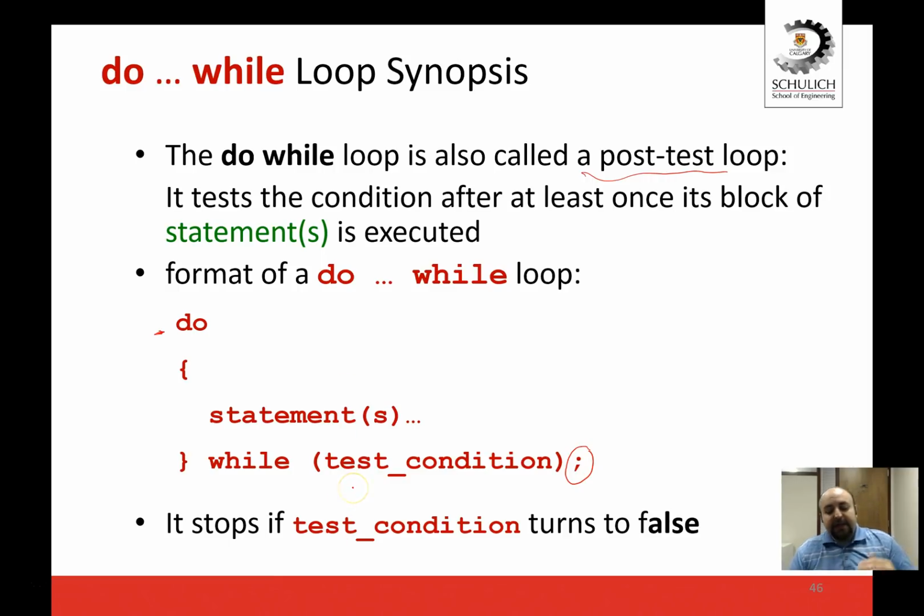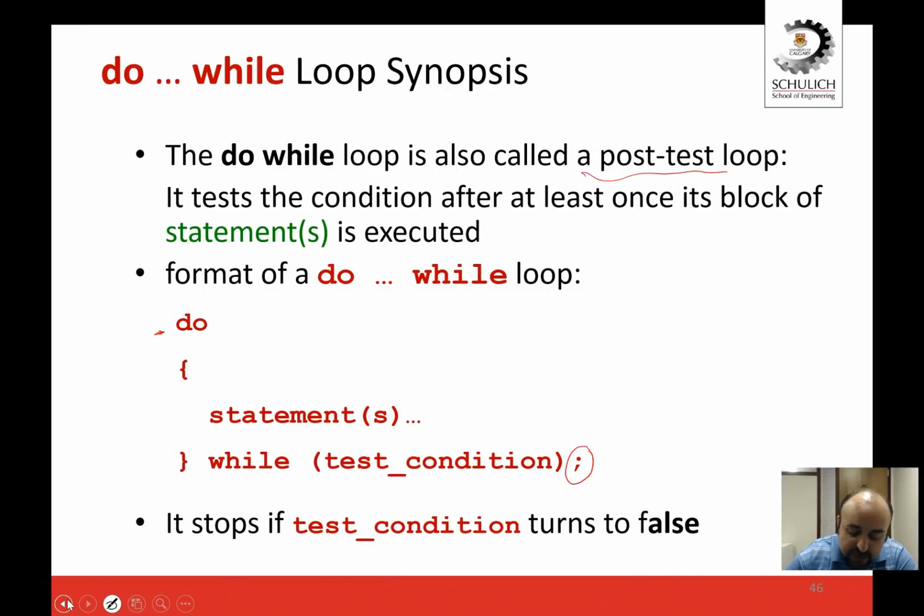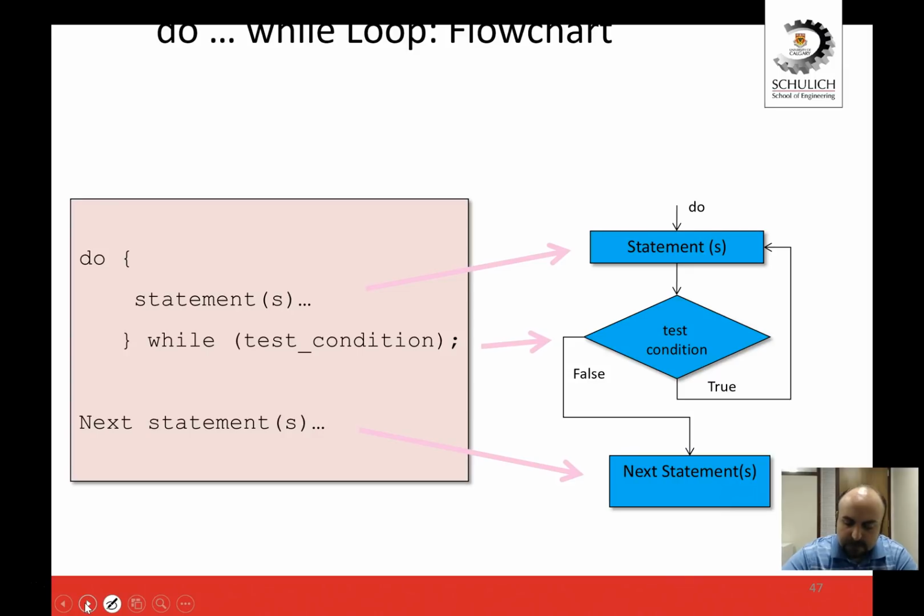This way, the block runs at least once, even if the condition doesn't match. It runs at least once, checks for the condition. If the condition is true, it goes back to the top. And if it's false, it'll go to the rest of the code. So here you see the statements.